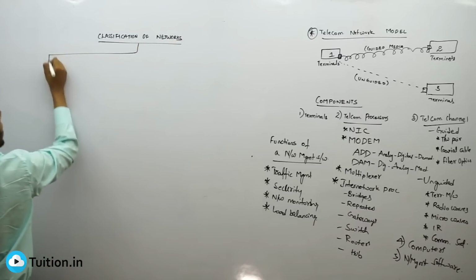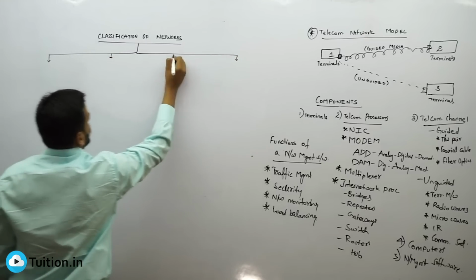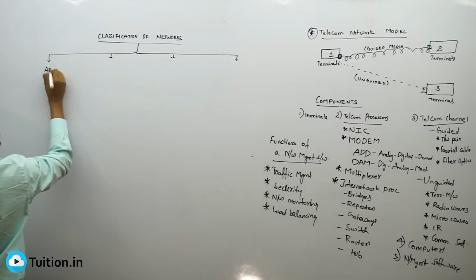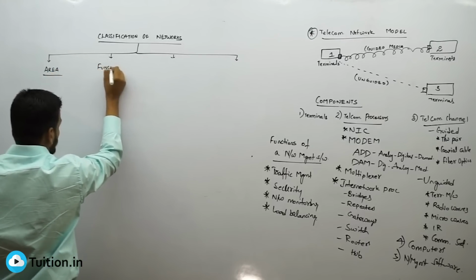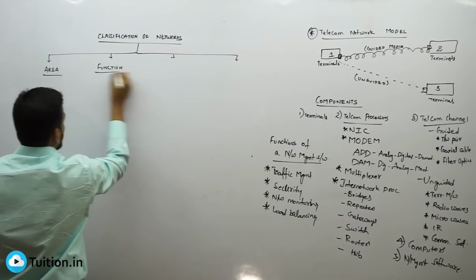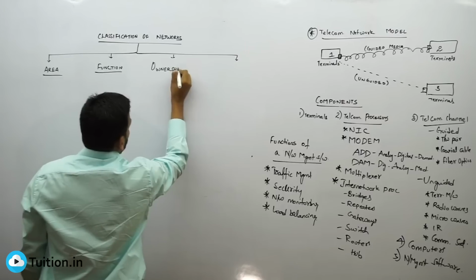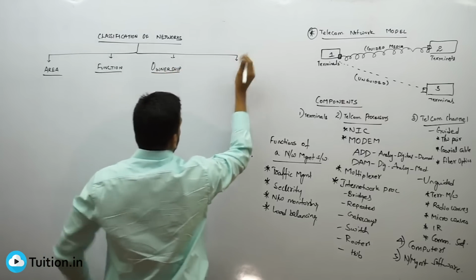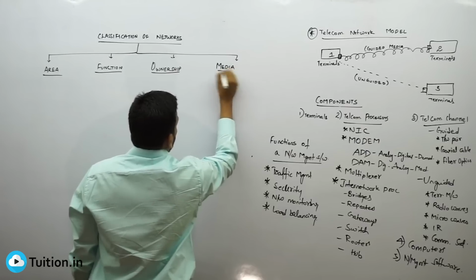So they are classified into 4 broad branches, where I am talking about area based classification, then function based classification, ownership based classification, and also the last one being media based classification.